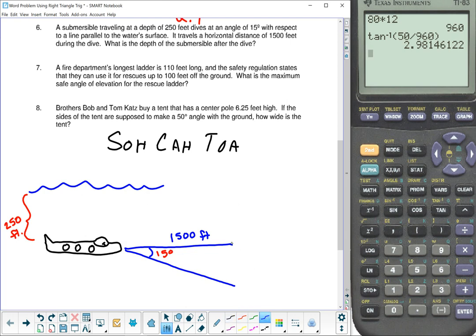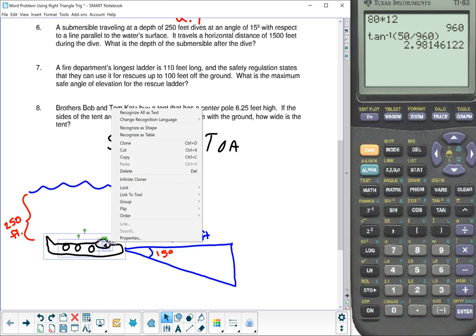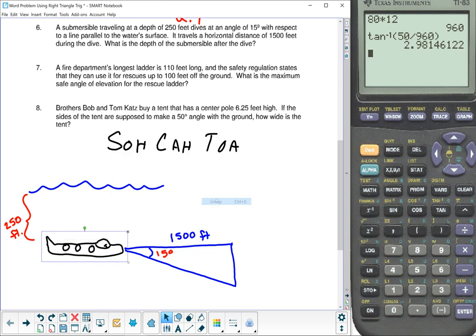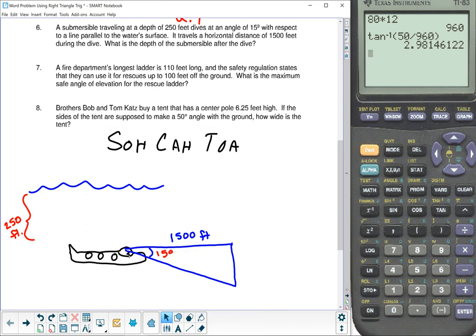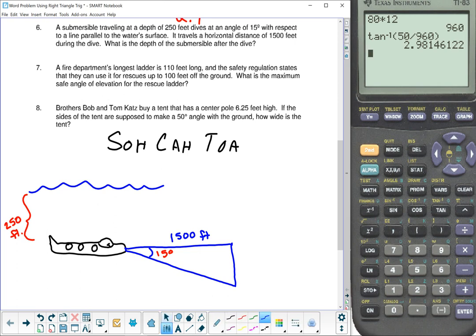So it travels, and then by the time it finishes diving, it goes diagonally 15 degrees down. So that's what happens. Okay. So at the end of the day, it's actually down that much deeper, right?